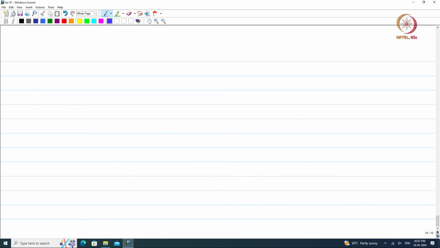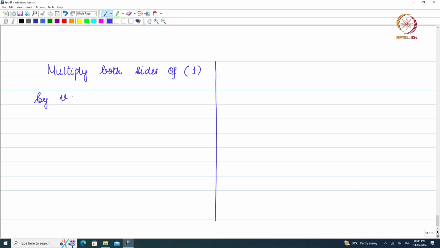So, let us take this as the first equation. Now, what I do is I am going to multiply both sides of 1 by the vector V. So, what are we going to get?